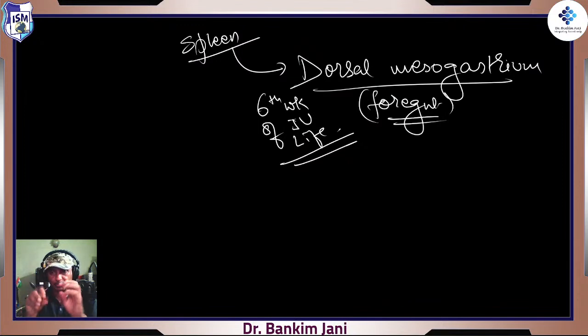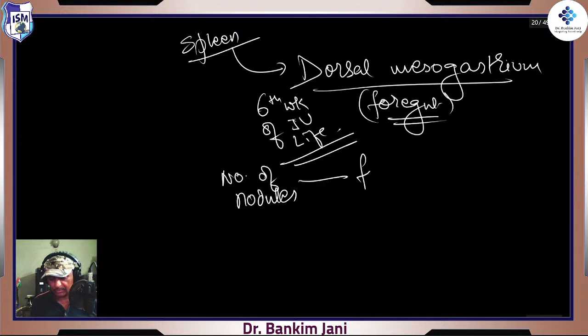All those splenic nodules develop in the dorsal mesogastrium, and then slowly and gradually, as they become bigger, they fuse. When they fuse, it is a normal spleen.